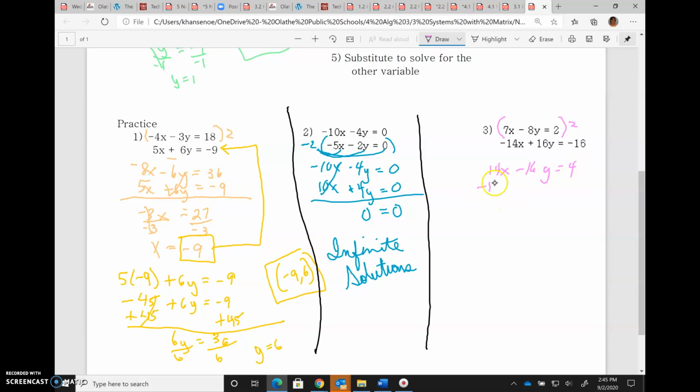And then I have negative 14x plus 16y equals negative 16. Draw the line, add straight down. Those cancel. Negative 16y plus 16y, that's 0 equals negative 12. Is that true? No. So this is no solution.